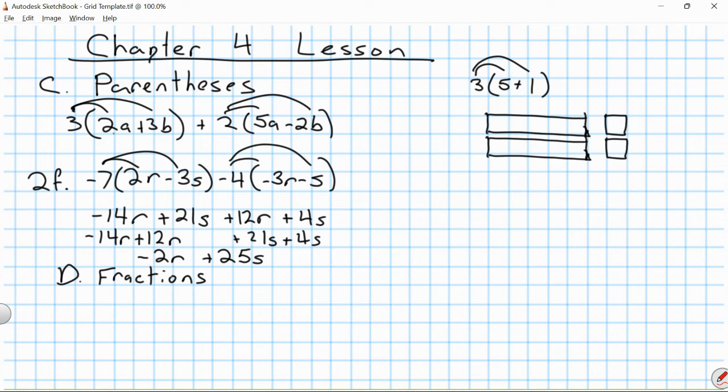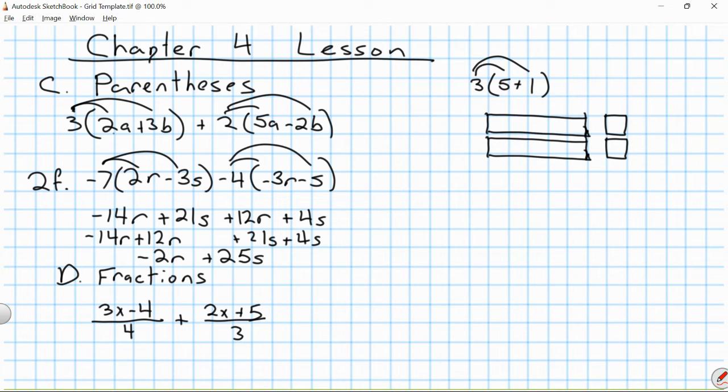In fact, this is example 11: 3x minus 4 over 4 plus 2x plus 5 over 3. And what you need to do here is combine like terms.